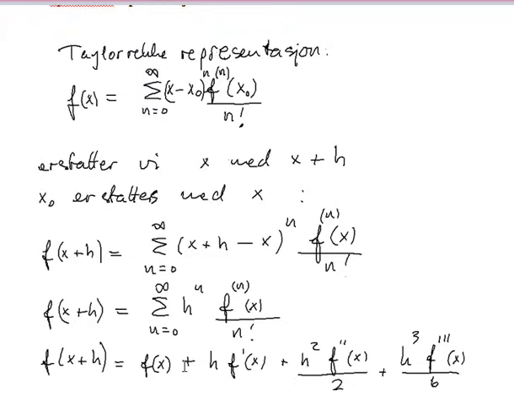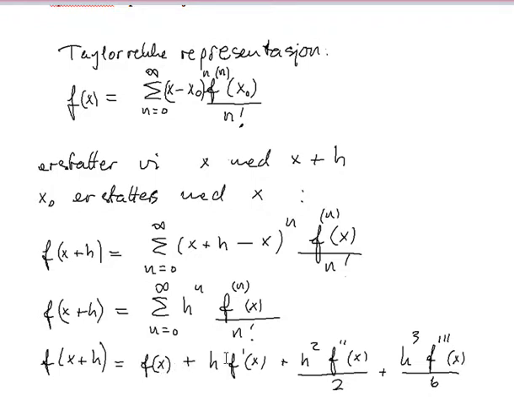Let's write some of these terms. The first term is when n is equal to 0. Then we have the 0th derivative of f, which is the same as f itself. And h to the power of 0 is the same as 1, and 0 factorial is the same as 1. So therefore we get this term when n is equal to 0.